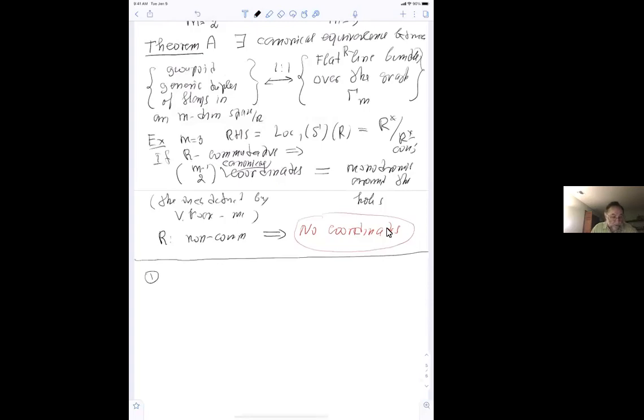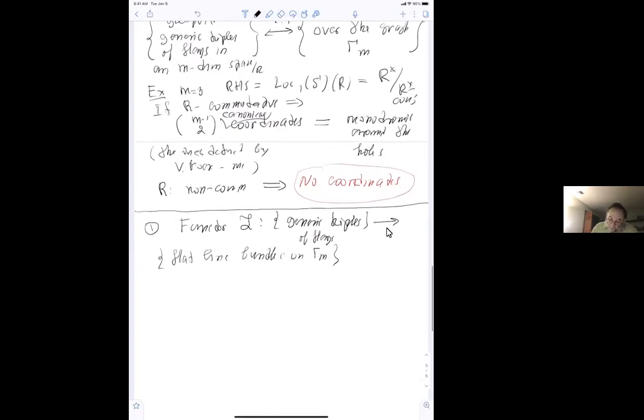First of all, I want to define one of these functors, which I call functor L, which goes from generic triples of flags to flat line bundles on the graph gamma m.